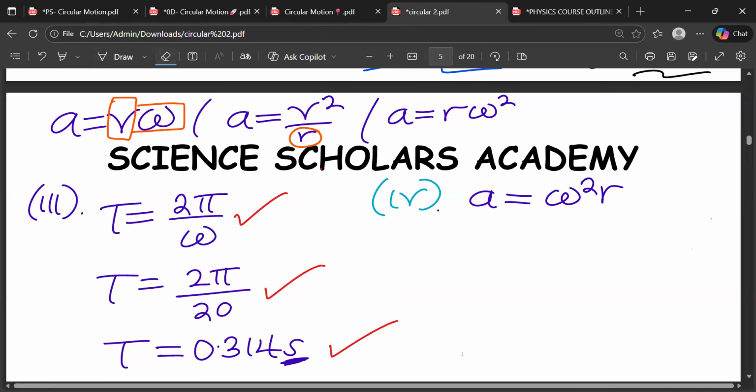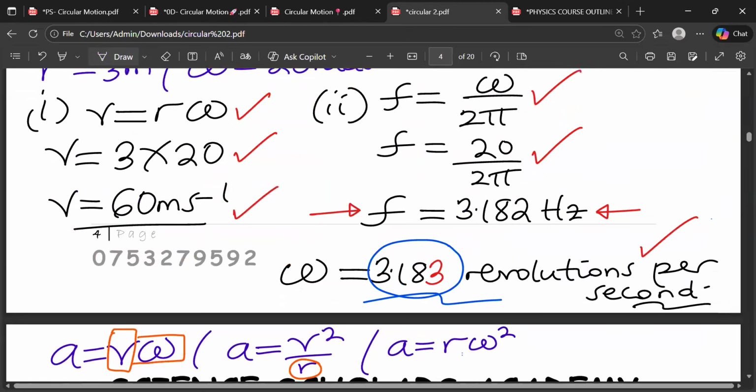So my A is omega squared R, I think it was a 3, if I'm not mistaken.